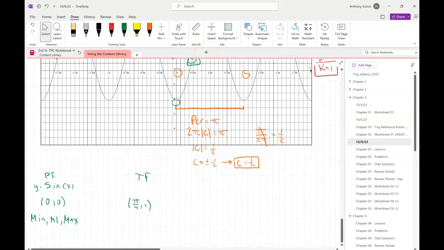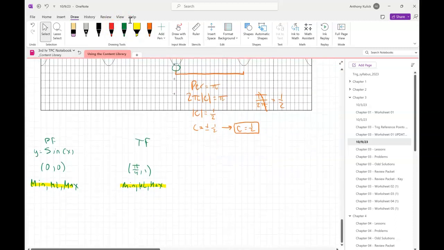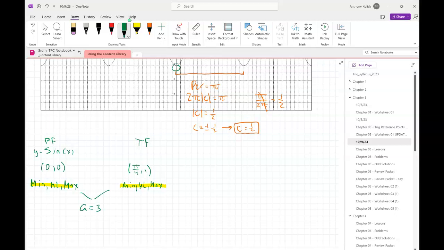So what does that tell us? That the sequence of key points is the same tells us that the A value is positive. Everybody all right?